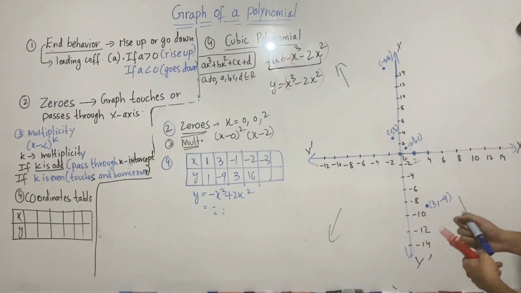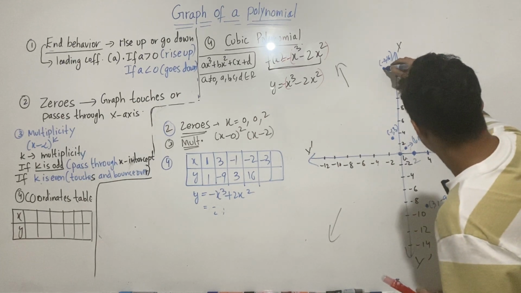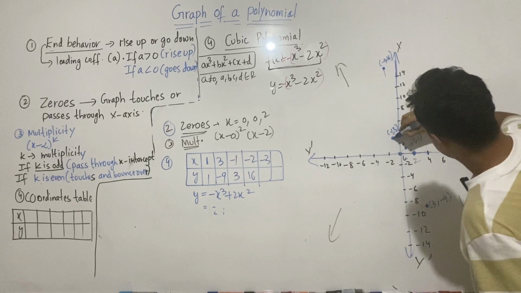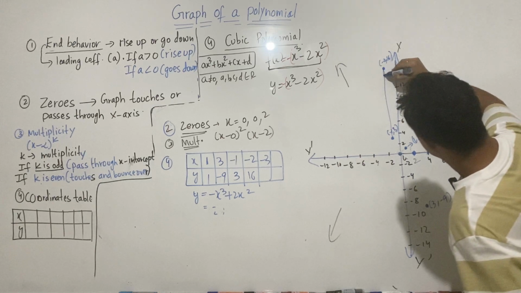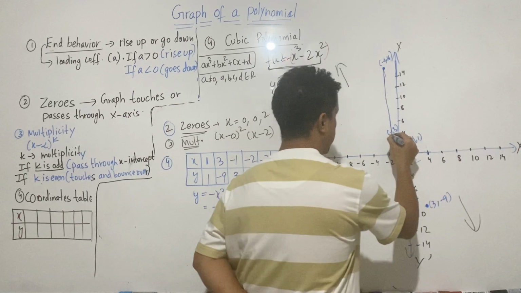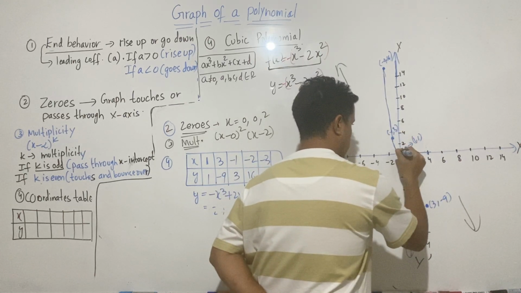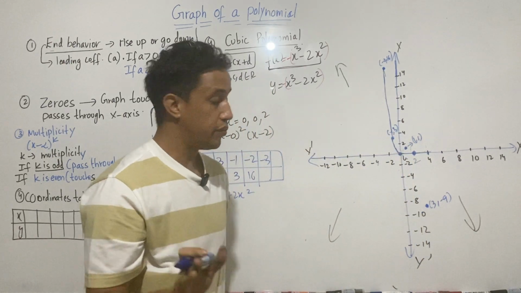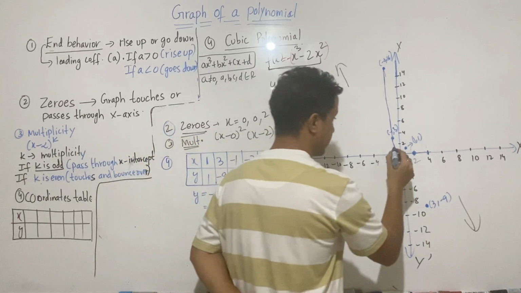Okay, so see here, if we connect all these dots, it's going to bounce here. Why? Because at 0, 0 the multiplicity is even, right?